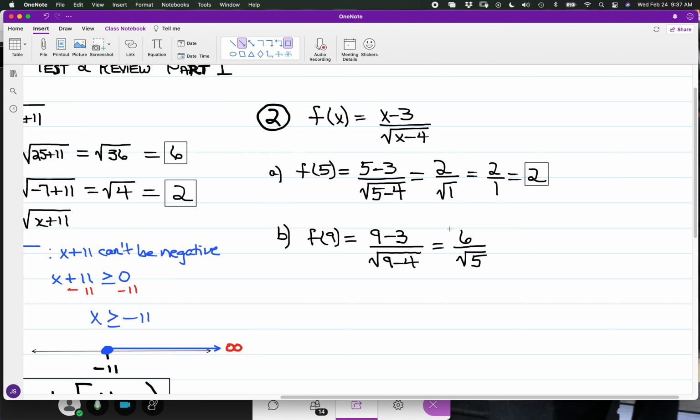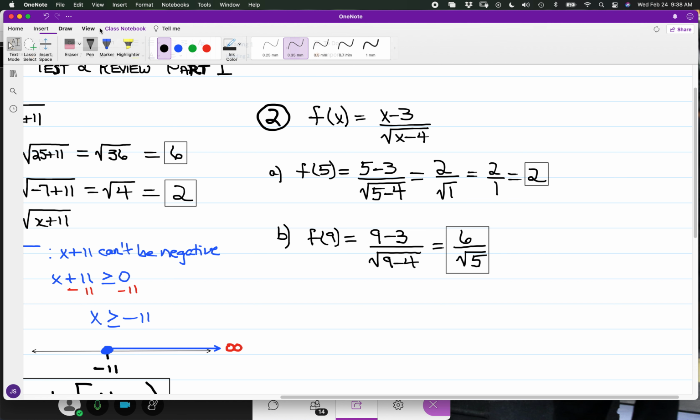And I'll show you another version. This would be like if you were to take Math 172 and you wanted to take care of the radicals on the bottom. What you would do here is take 6 over the square root of 5 and multiply by 1 in the form of the denominator over itself.